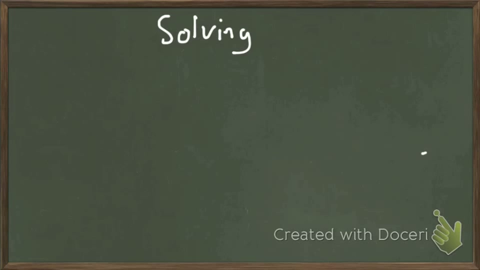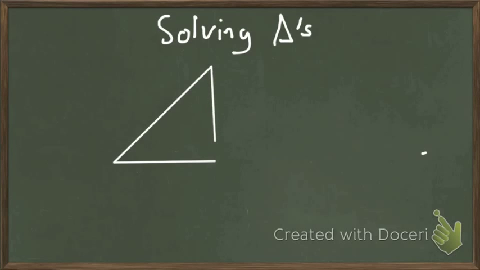And to give us an example of this from last year, if I gave you a right angle triangle, so we spent a lot of time last year talking about right angle triangles, so let's draw one of those.